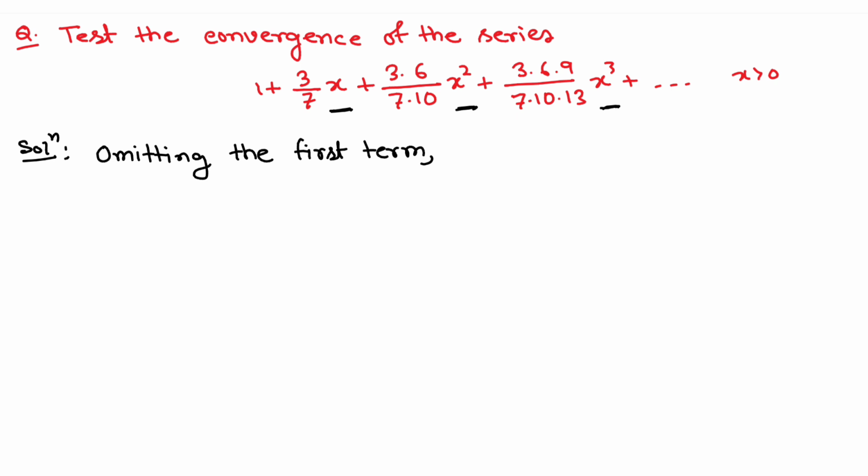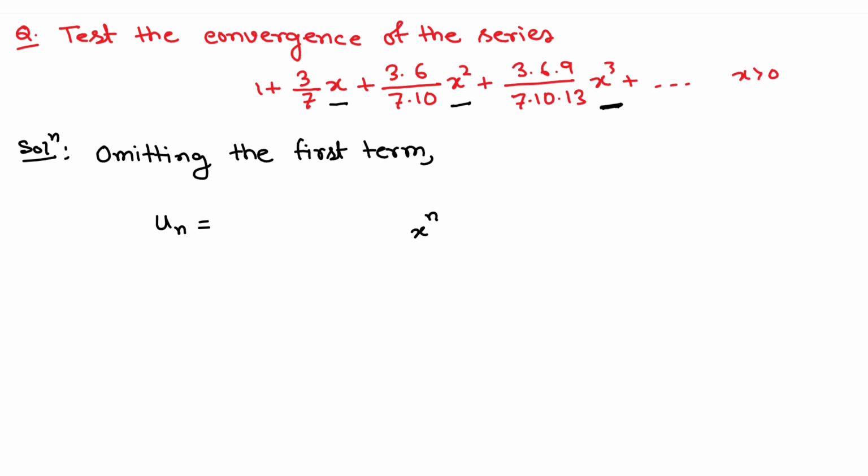Okay, if I omit the first term, now this is our first term for n equals 1. So let's find out what is un. Omitting the first term, un equals x for n equals 1, x square for n equals 2, x cube for n equals 3. That means for n, that will be x to the power n.